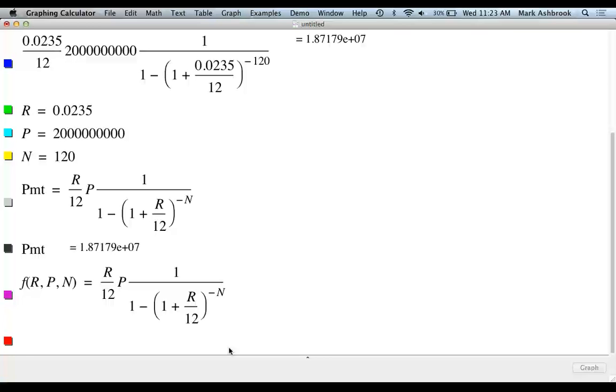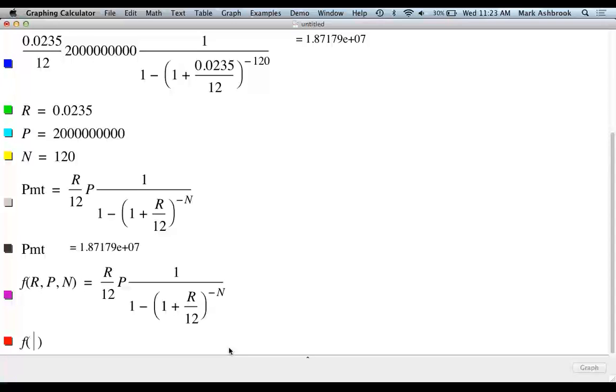How do we represent the payment using our function notation for a rate of 16%, a loan amount of 200,000, and a number of payments of 180? This command line is establishing the function. Now we want a particular output. How do we represent a particular output? So we're going to type f.